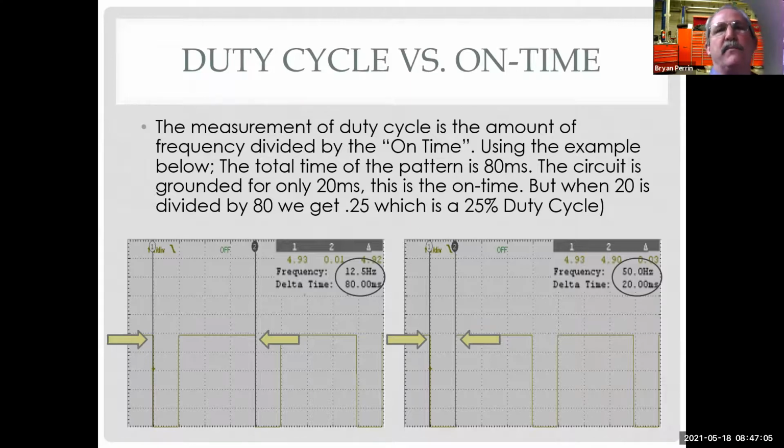This would be a 25% duty cycle. If it was on for 40 milliseconds and off for 40 milliseconds, it would be 50% duty cycle. If it was down low for 20 milliseconds and up high for 60, that would be 75% duty cycle because it would be turned on 75% of the time.